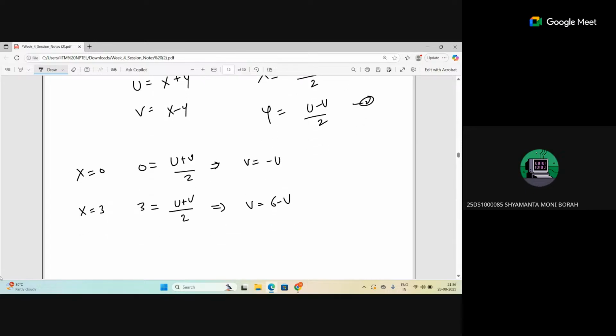Fine. And when y equal to 0, we plug it into equation 2, 0 equal to (u minus v) by 2, and in that case v is equal to u.